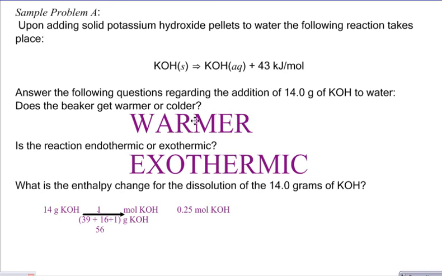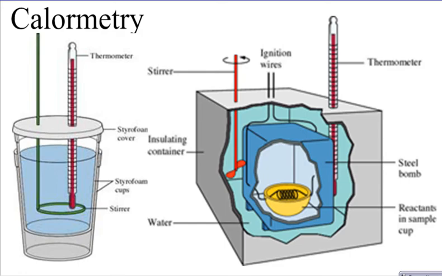If we now convert that using the mole-to-mole ratio of potassium hydroxide to the enthalpy, 43 kilojoules, we can multiply 43 times 0.25, and we find that 10.75 kilojoules of energy are produced.